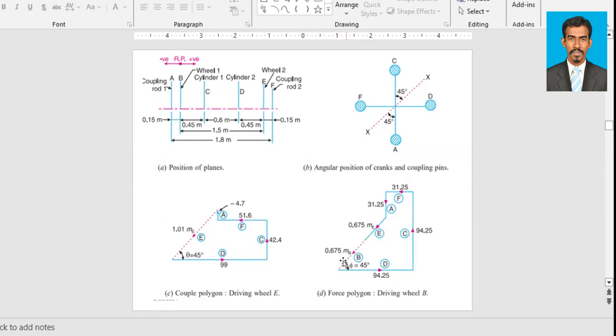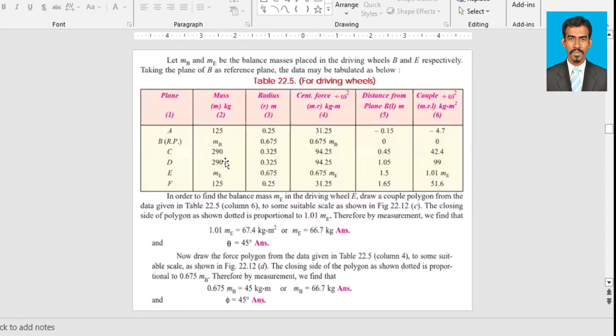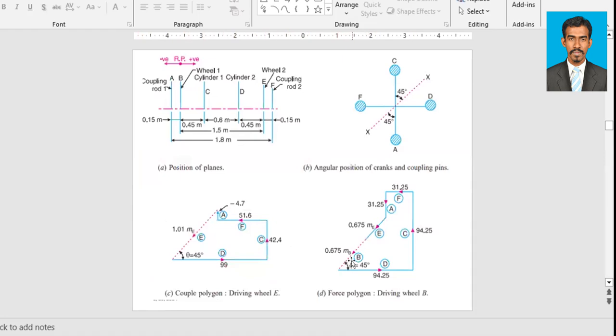So from here, by measuring it and fixing it on the table, you will have the balance mass B will be 66.7 kilogram, right? And also you can measure the angle, right? So if you measure the angle, this angle is given as 45 degree, right? So you can fix your balancing masses at 45 degree here one and 45 degree there one, right?